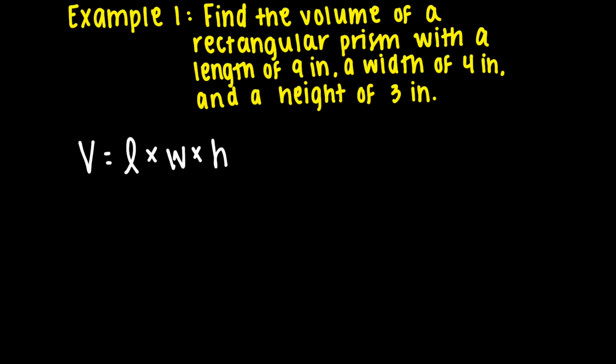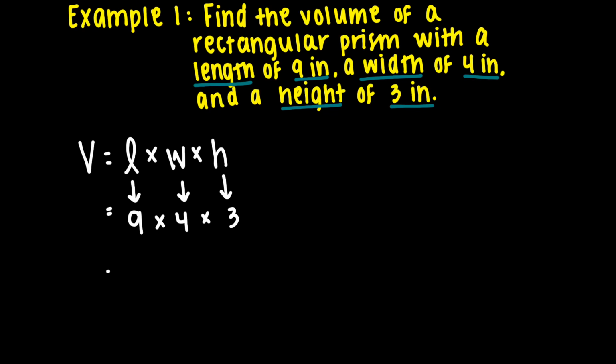Now I need each of these things in order to find my volume. When I look here, the length is 9 inches, the width is 4 inches, and the height is 3 inches. I made it super simple for you in this example. So going back to our formula, we're going to fill in the numbers. My length is 9, times my width, which is 4, times my height, which is 3.